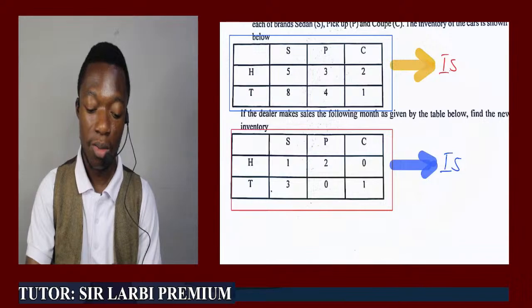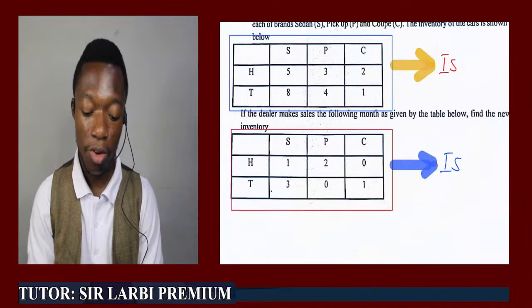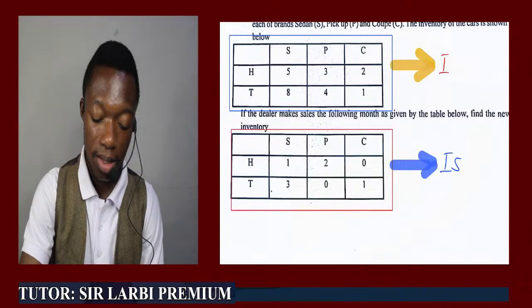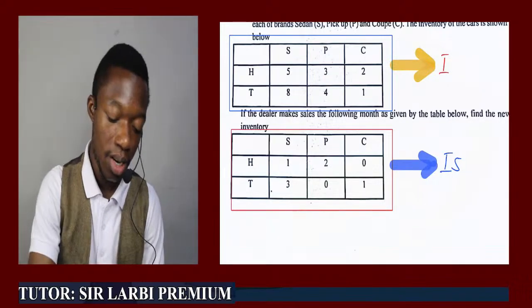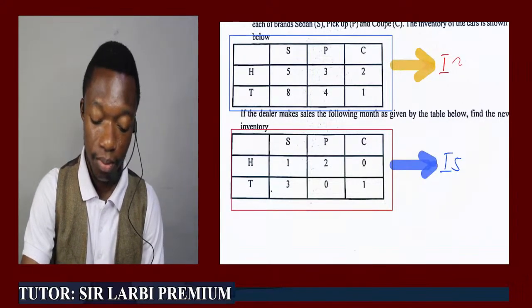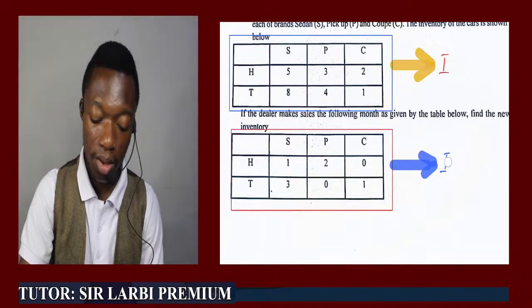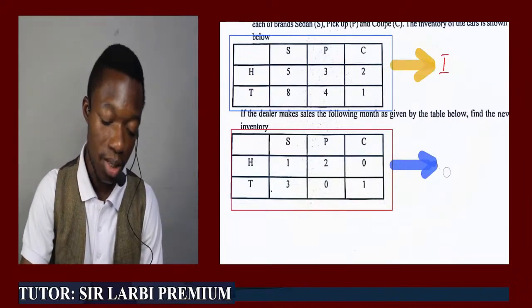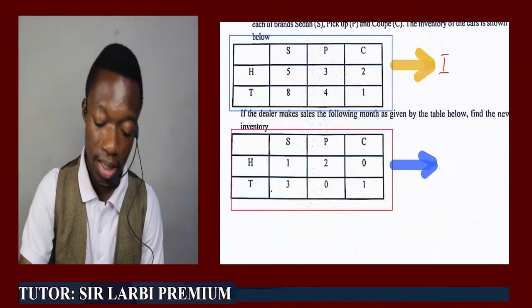So if I subtract the inventory sold from the inventory in stock, let me bring in the red. We have the inventory and we have what we have sold, so that we can make a clear distinction.